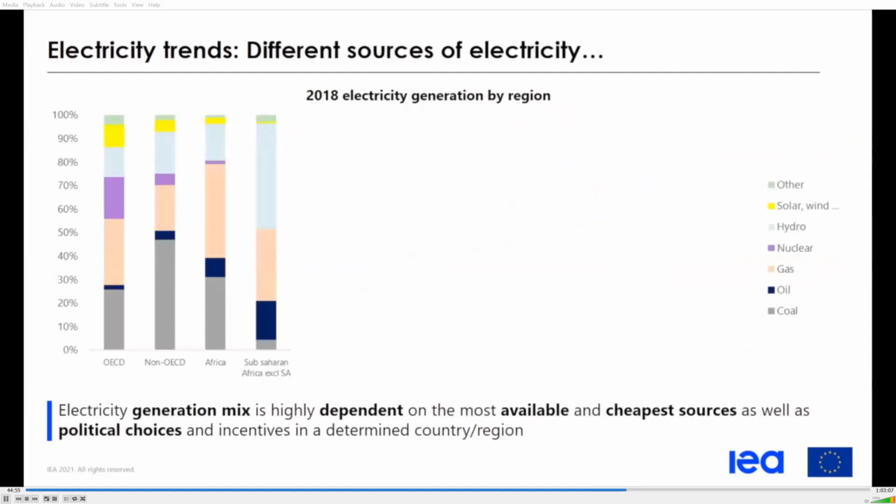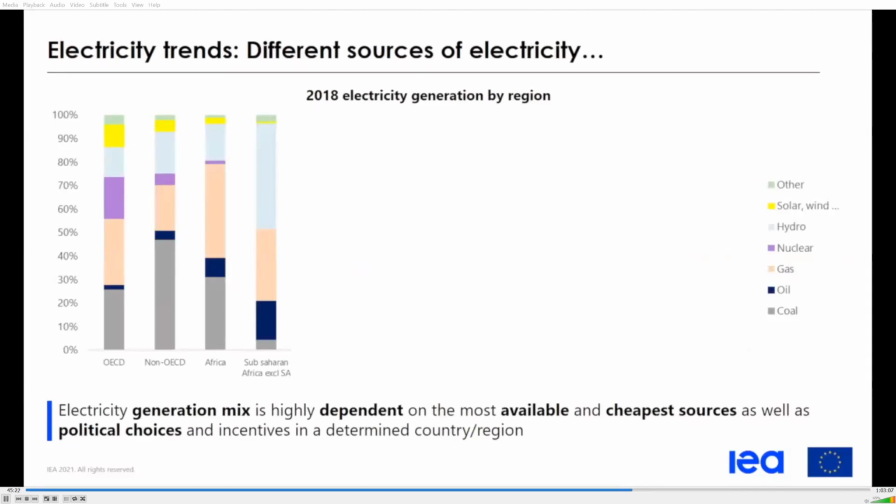We can see that electricity can be generated from various sources, such as solar, hydro, nuclear, or fossil fuels: gas, oil, and coal. If we look at the share of each of those sources for electricity generation, we can see that depending on the region you are looking at, the origin of electricity will be really different.